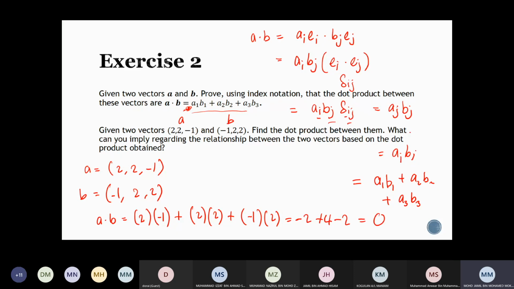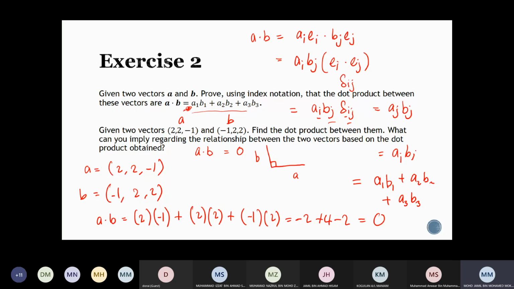So the next question says, what can you imply regarding the relationship between the two vectors based on the dot product? What do we get from this result? Anybody? We know that when the dot product equals 0, the two vectors are at 90 degrees to each other, from previous slides.